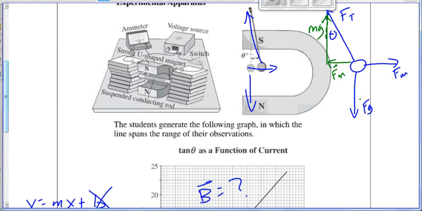Now, take a look at this. Bear with me for a second. Because we need a tan theta, let's do something with tan. Tan theta is equal to the magnetic force over gravity. Oh, wait a second. This might actually work out.